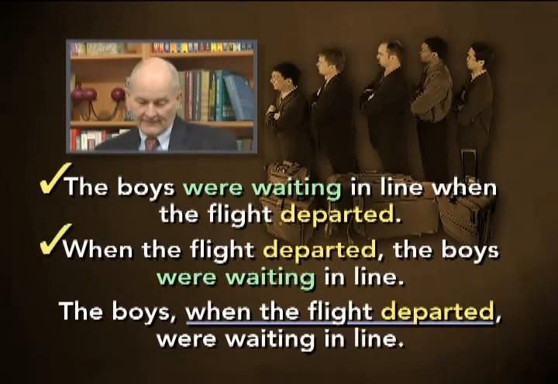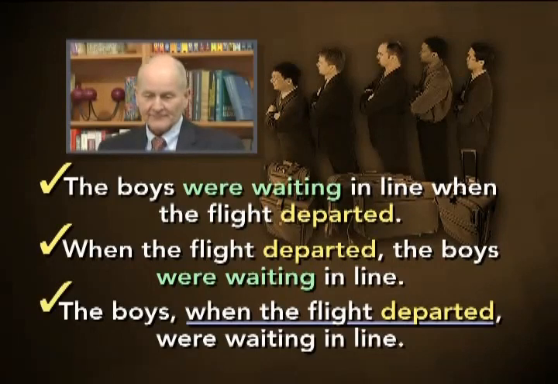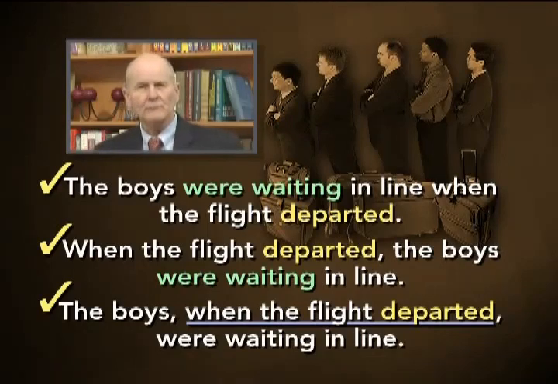In the second sentence, the main clause occurs out of order. It's last. The comma or punctuation indicates this change in order. When the flight departed, the boys were waiting in line. Okay? And the third sentence is the most abnormal of all because, as I said, the adverb clause is put right in between the sentence.